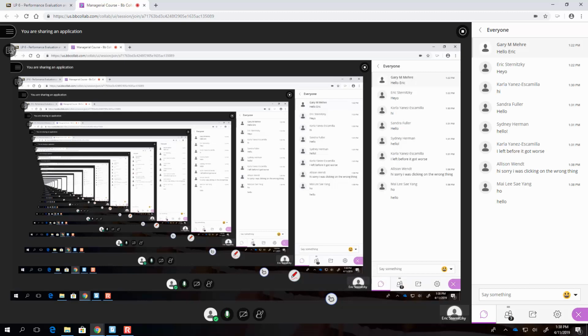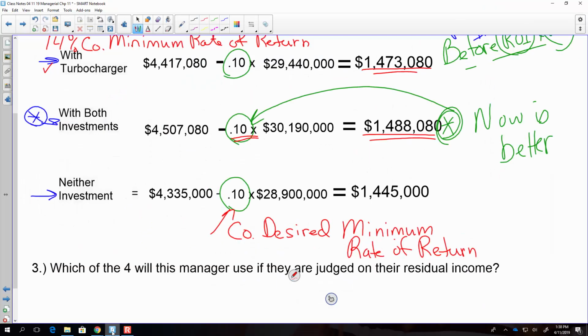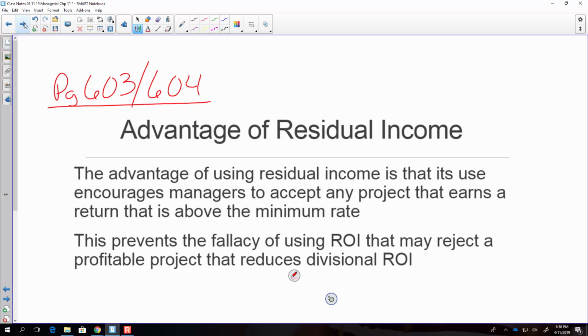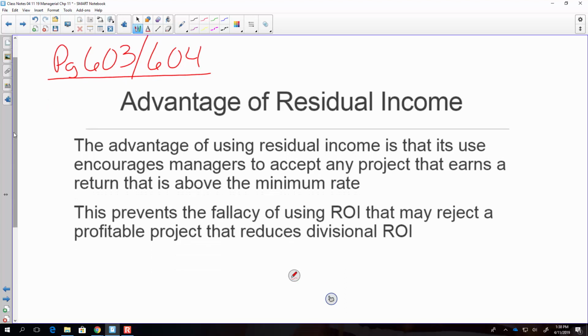So, going back to our overview of Chapter 11, on pages 603 and 604, the author talks about the advantages of using residual income as a performance measurement technique or performance evaluation.